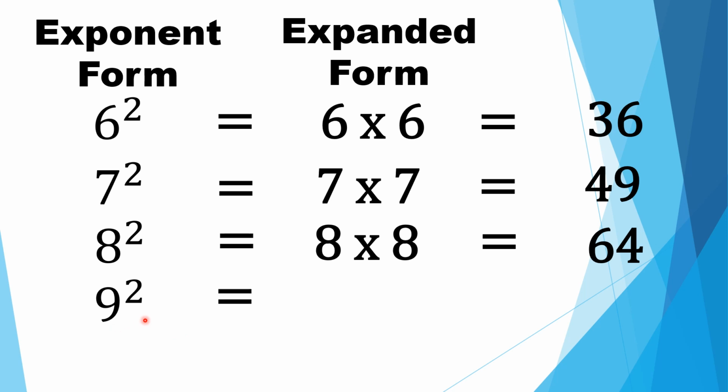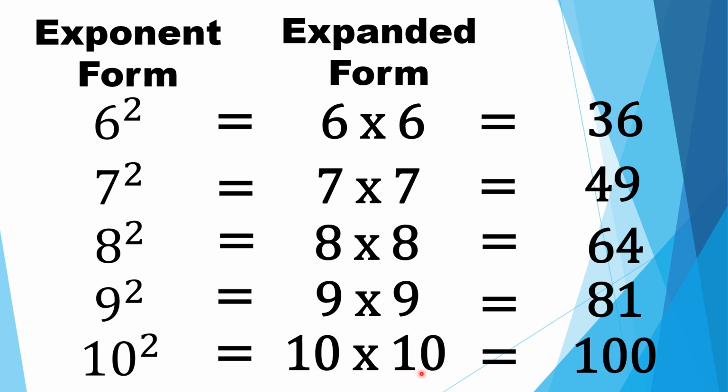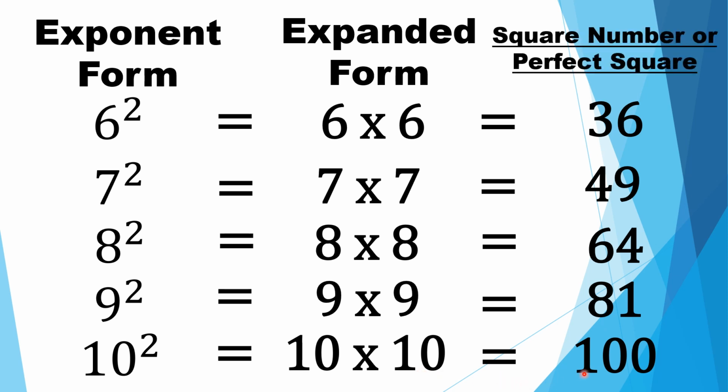9 squared is equal to 9 times 9. 9 times 9 is equal to 81. 10 squared is equal to 10 times 10. 10 times 10 is equal to 100. These products are square numbers or perfect squares.